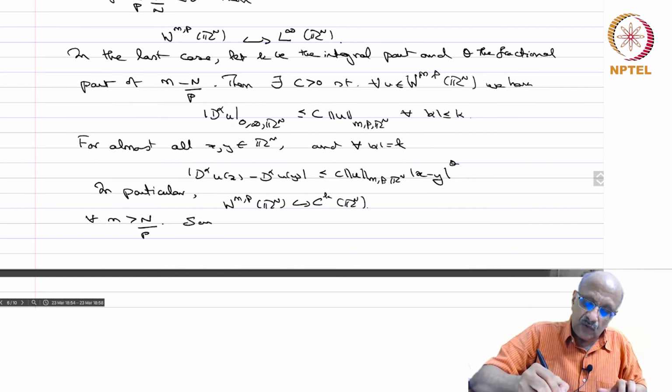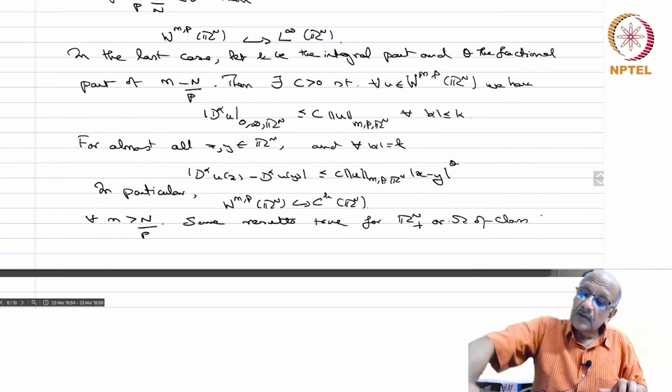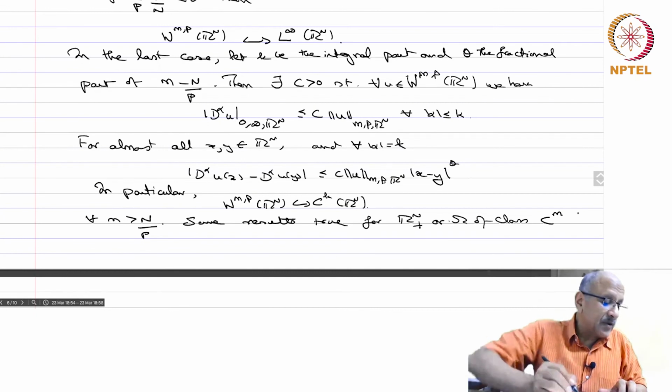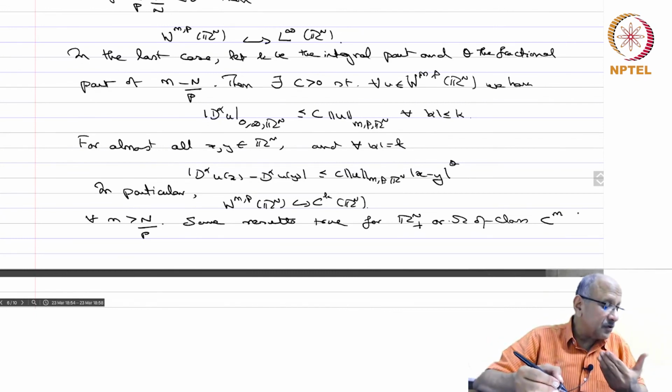Same results are true for Rn plus or Omega of class C^m. Now you need C^m because you are iterating the condition. For the first derivative you needed C1.